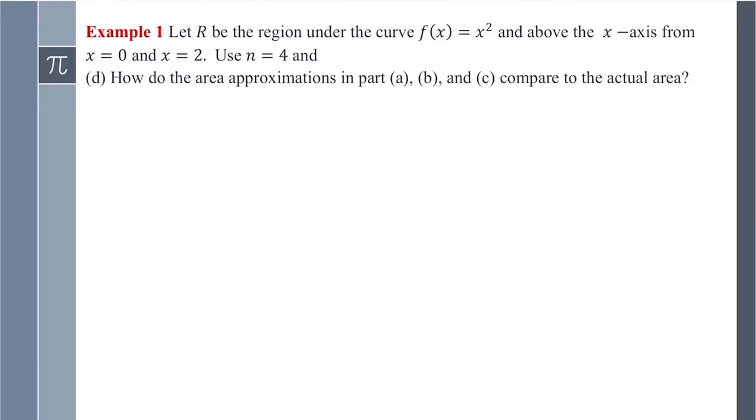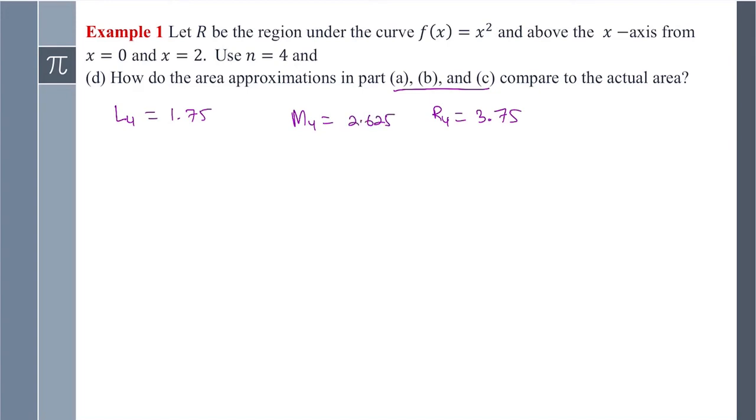Now, the fourth question is asking us to compare the area that we obtained from using the left Riemann sum, right Riemann sum, and the midpoint Riemann sum. So if we go back to part A, where we obtained L sub 4 was 1.75, and then R sub 4 was 3.75, and then M sub 4 is 2.625.